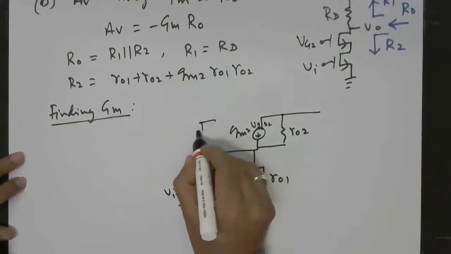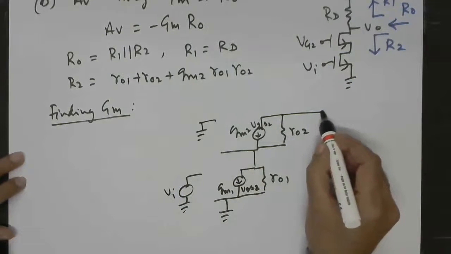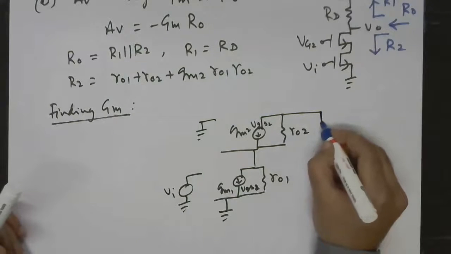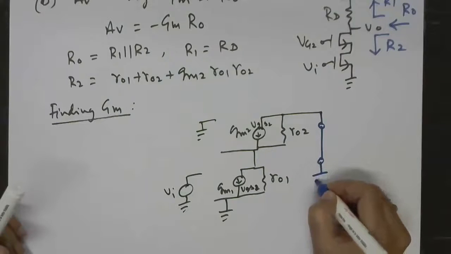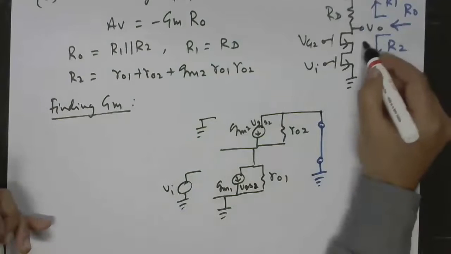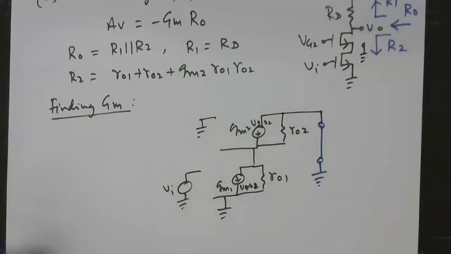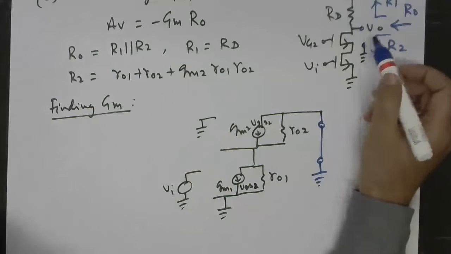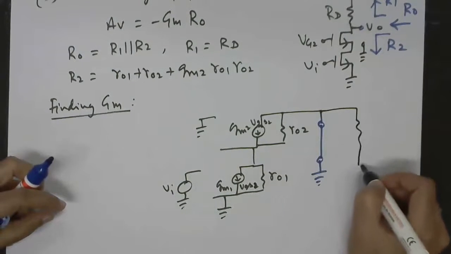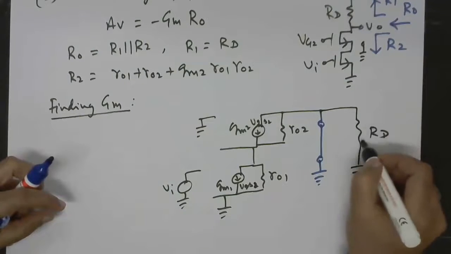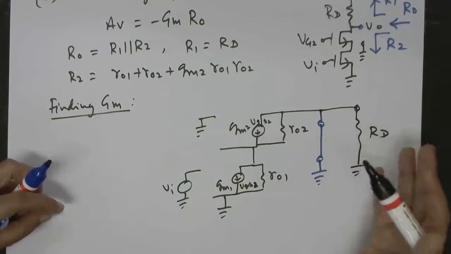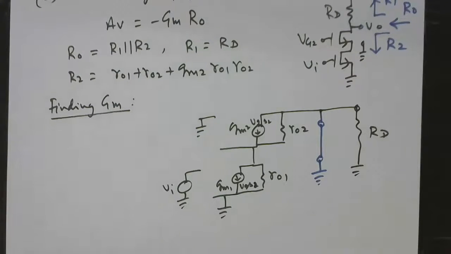So we have Vi, and we short circuit the output. We are taking output between this node and ground, so we short circuit it. When we short circuit, there is no point in connecting RD, but you can put it if you want. RD gets shorted out. This is ground, so RD will have no role. Putting it here is of no advantage.